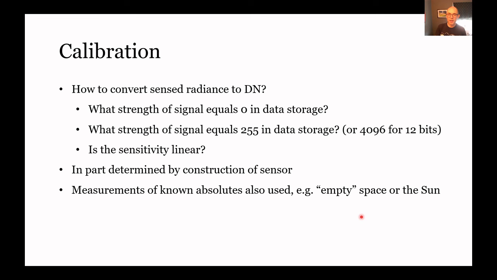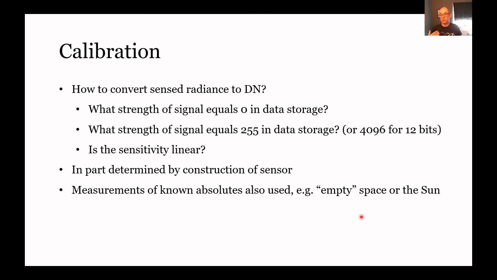So we need to have that well calibrated in order to understand how our sensor is going to be reacting to different levels of light coming in. And to know this, because of course all instruments degrade and change with time, we need to be able to calibrate this in some manner using some sort of absolute value. Now we might have a known source emitting light. We might be able to close off our sensor and just have a dark space.